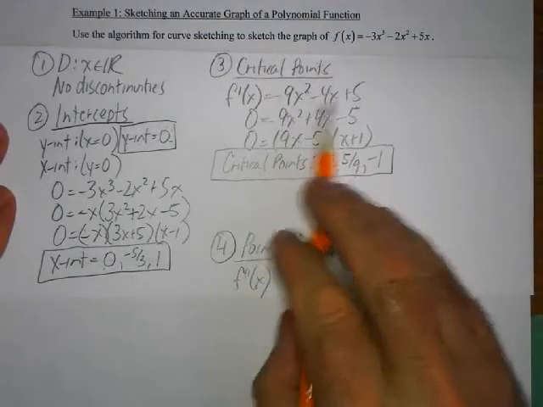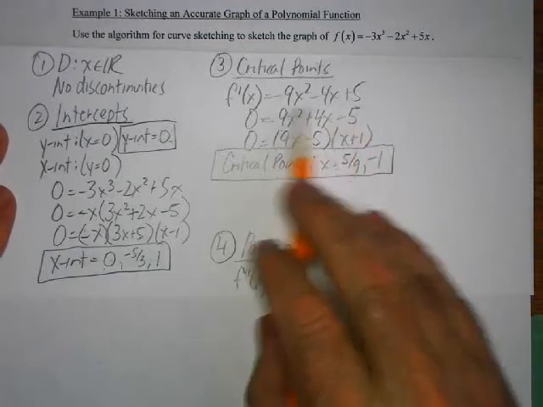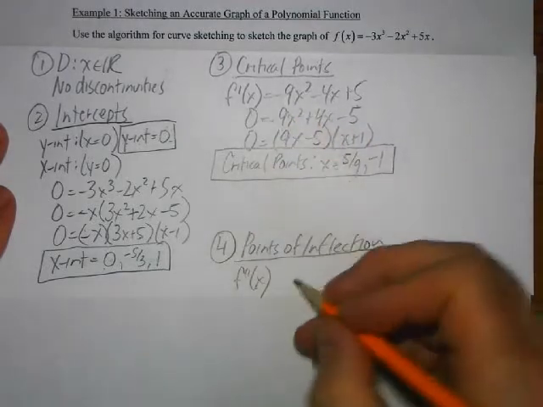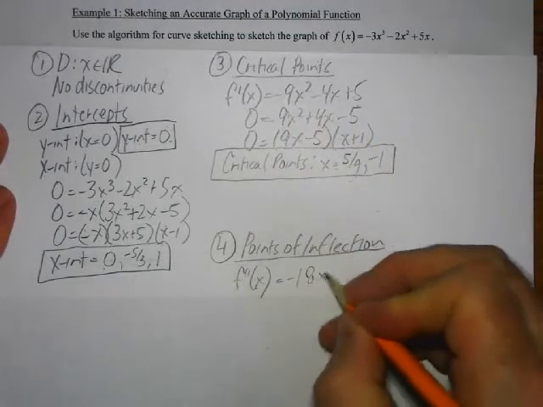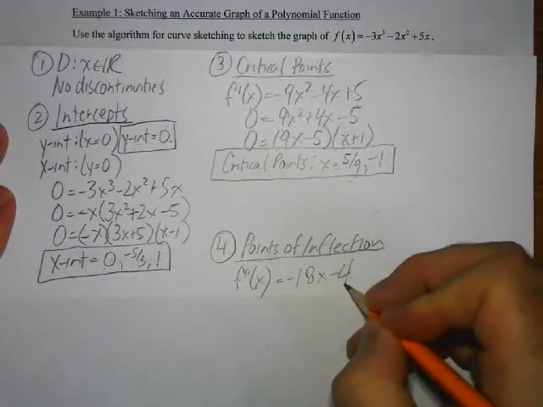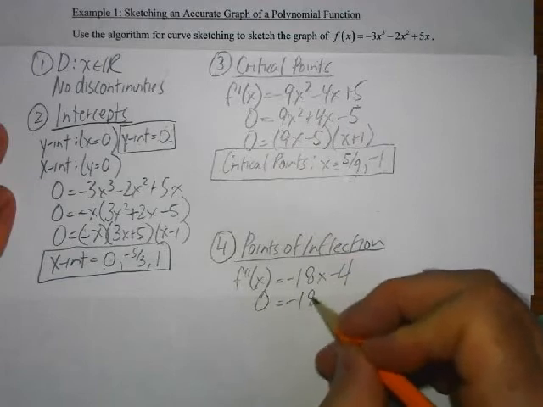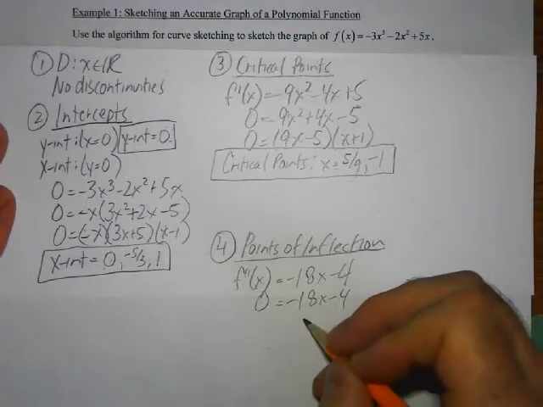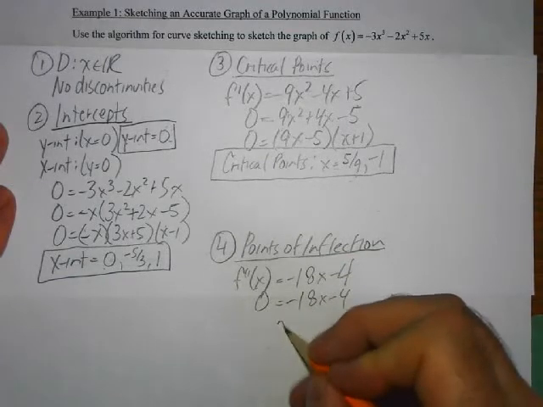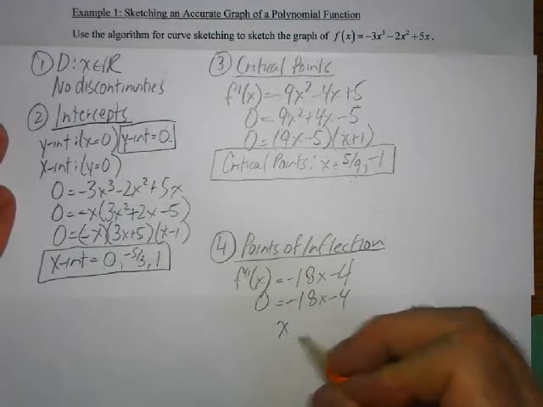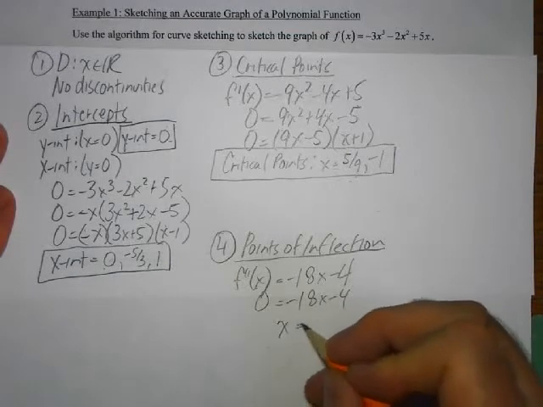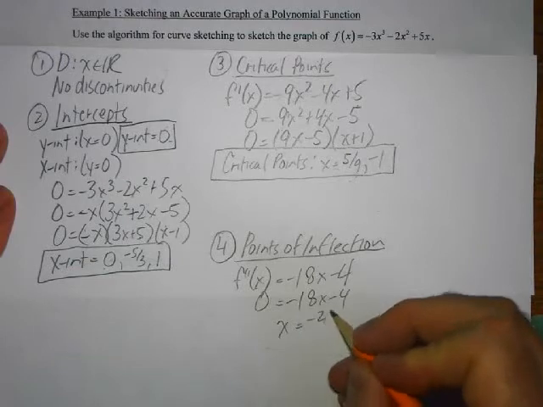What is the second derivative? You just take the derivative of the first derivative, so that's negative 18x minus 4. And if I set that equal to 0, this is just a linear, so this works out to x equals negative 4/18, which is negative 2/9.